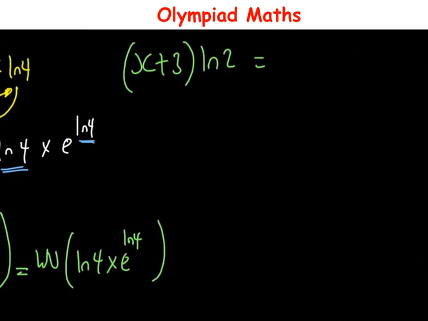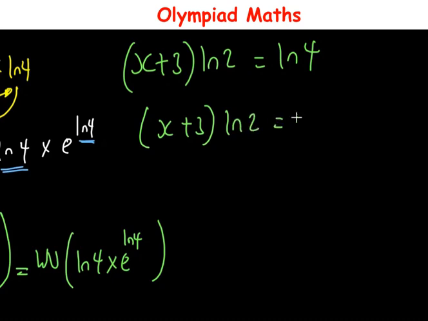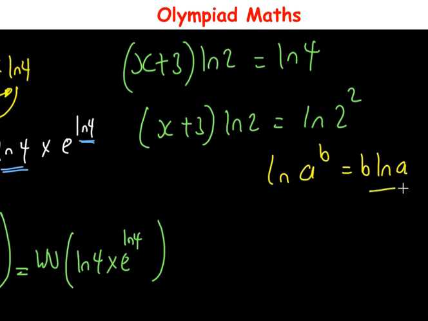Good. So from here, we have (x + 3) multiplied by ln 2 is equal to ln 4, which can be written as ln 2 raised to power 2. We can then apply this rule that if you have ln A raised to power B, this equals B times ln A.